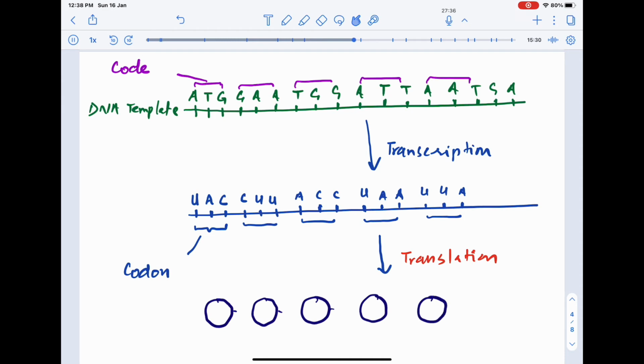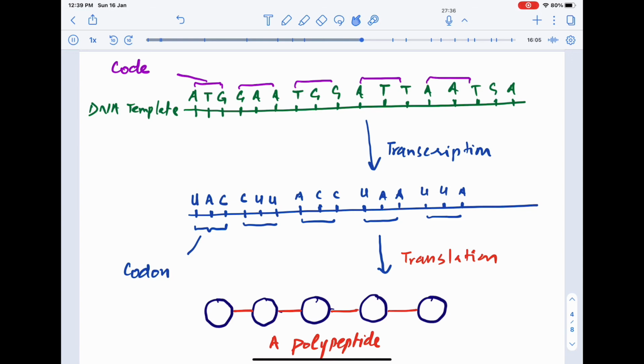These amino acids are joined by an enzyme, peptidyl transferase, which is present in a ribosome, and it makes a long chain of amino acids in a specific order, which makes a polypeptide chain. So this is how an mRNA is involved in protein synthesis.